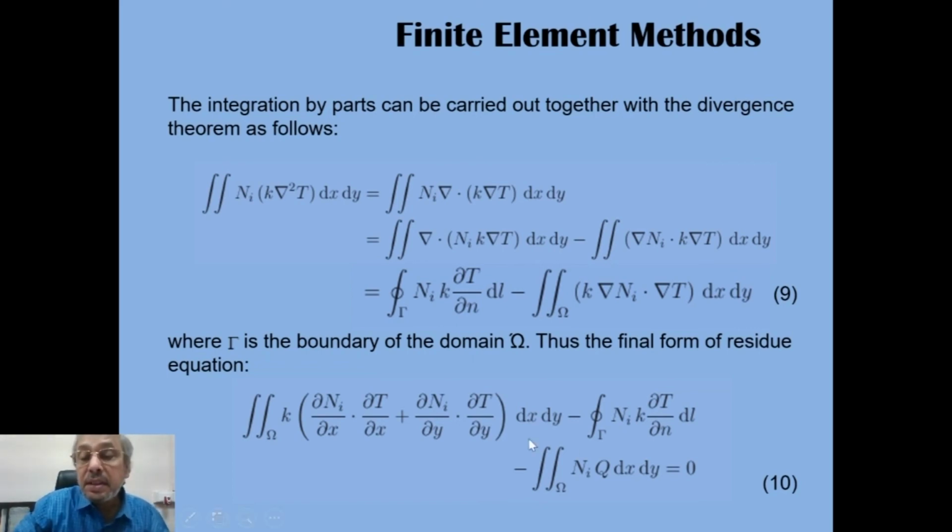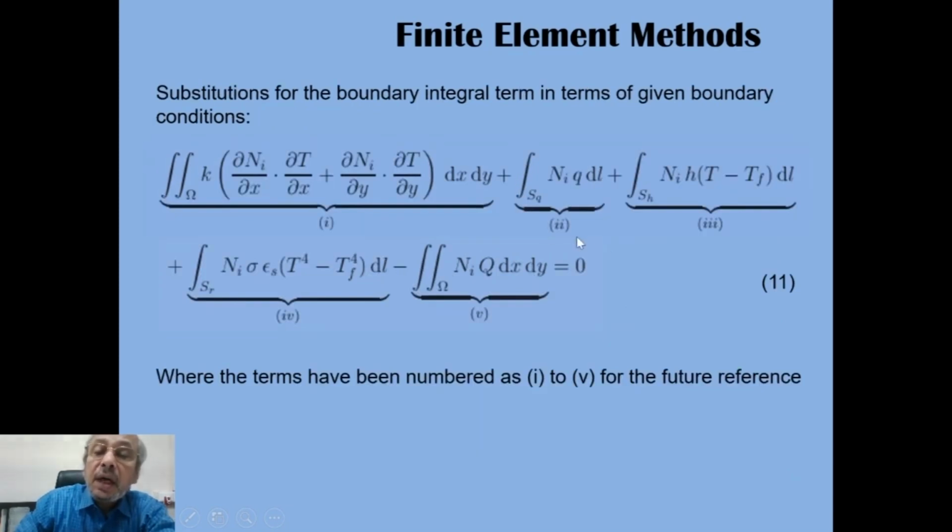But otherwise we have to define all those del T del N related conditions, which we are calling natural boundary conditions. In this problem, those are either constant specified heat flux condition, that means q is minus K del T del N.